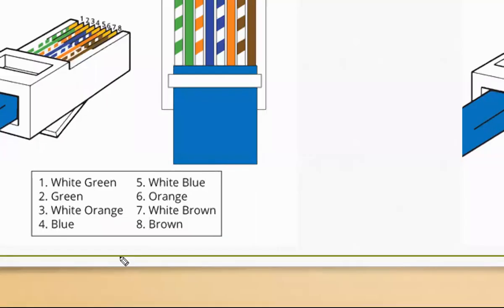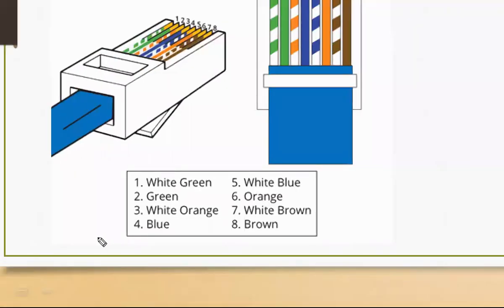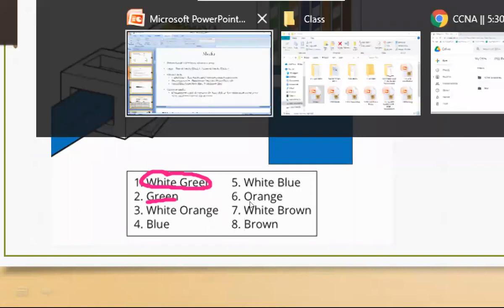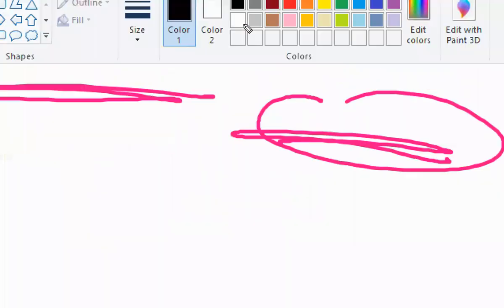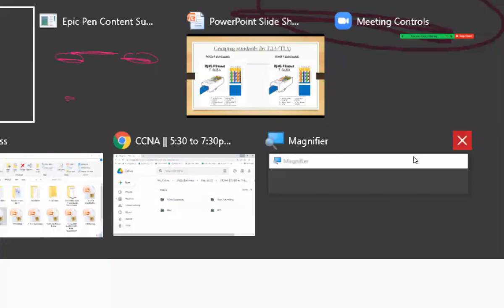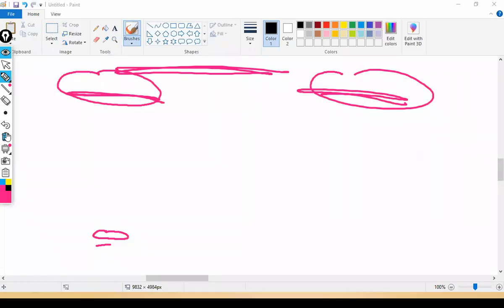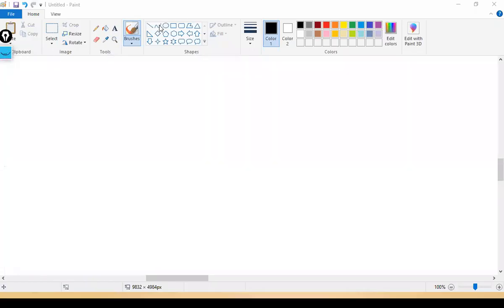you can see the first wire is white green. Let me write it in Paint. So it's 568A standard. The first wire is white green.